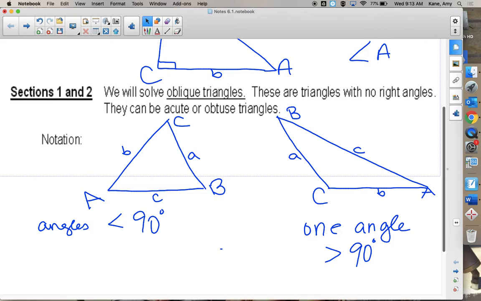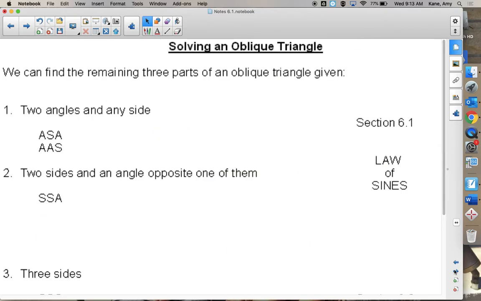Underneath the two diagrams, there's one little summary that we're going to talk about today, and then we are going to see how the law of sines works. That's what we're going to focus on this week. Underneath it tells you a little bit about solving oblique triangles, which are any triangle that isn't a right triangle. When you're solving for a triangle, you're trying to find all the pieces.